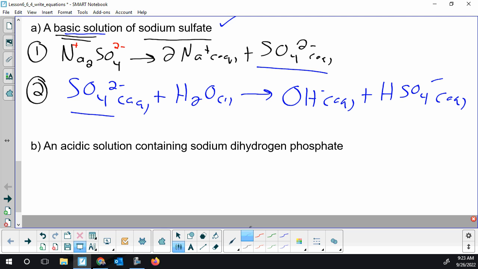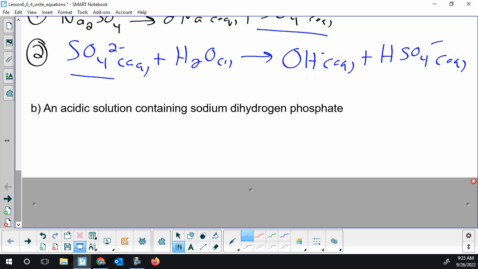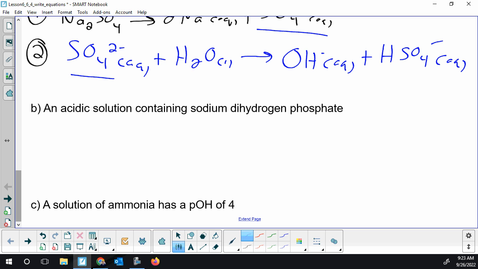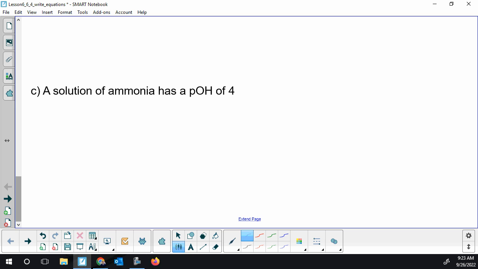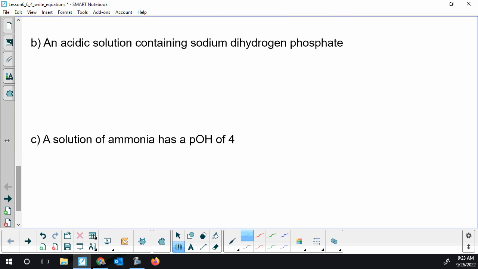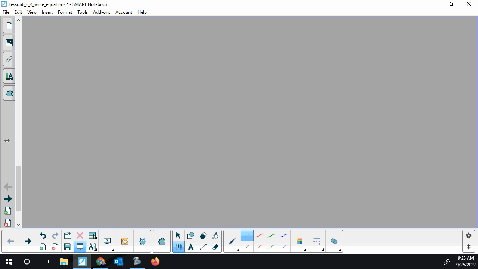Second example, an acidic solution of sodium dihydrogen phosphate. This is probably going to be as tricky visually, but if you just follow the steps, it's not tricky. So first thing, that is an ionic compound.